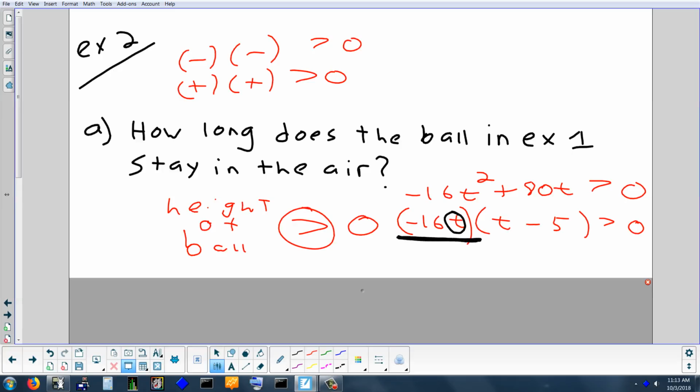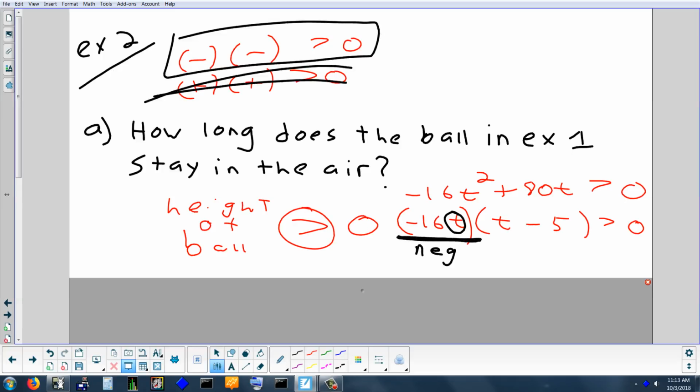Yeah, that's always going to be a negative, no matter what you do. Time is always positive. So a positive times a negative means that part is always negative, which means that's the situation we're looking at. The only way that that could ever come out greater than 0 is if this was also negative.